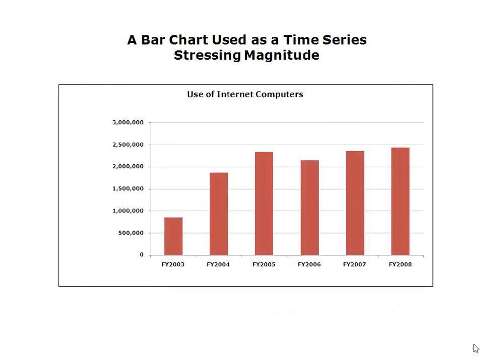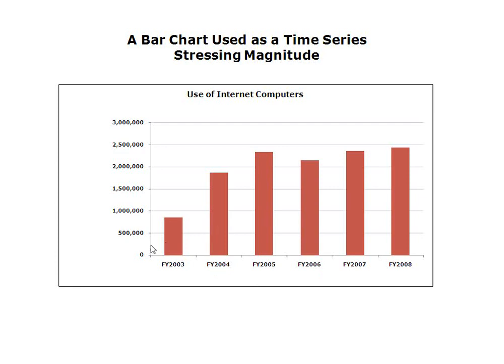However, here we go. This is the same data as in the previous line chart, but now we're showing how it might be used in a vertical bar chart or column chart. You've got the same information, but this one does stress the numbers a little more carefully, and it's really better at showing size or magnitude.